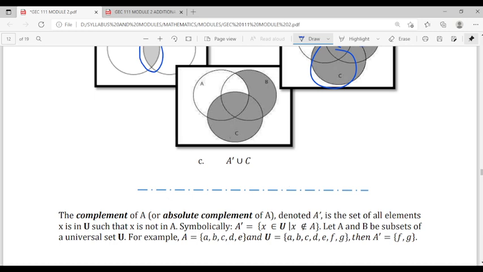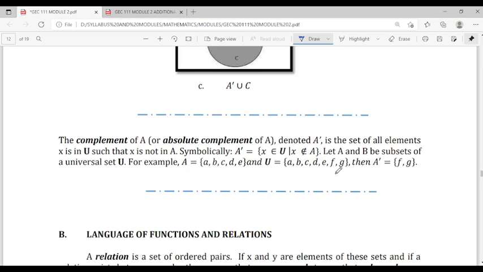So, ibig sabihin ng complement, it says here, or absolute complement, denoted by may prime siya, or apostrophe sa itaas.